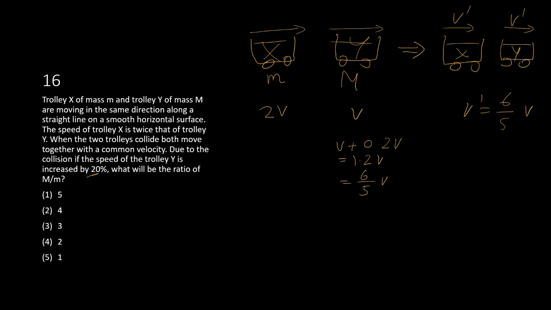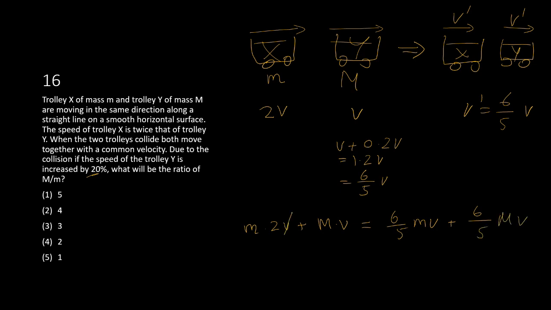So the initial momentum is simple m times 2v plus capital M times v, which is equal to the final momentum, simple m times v dash, which is 6/5 mv, plus 6/5 capital M v.